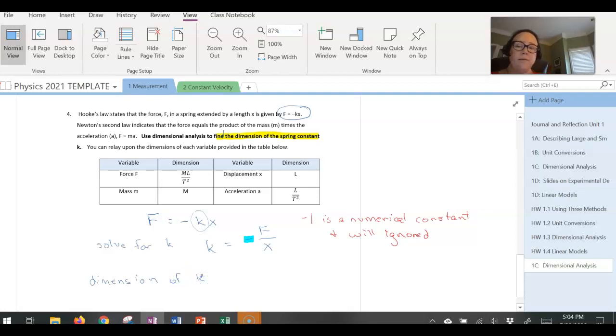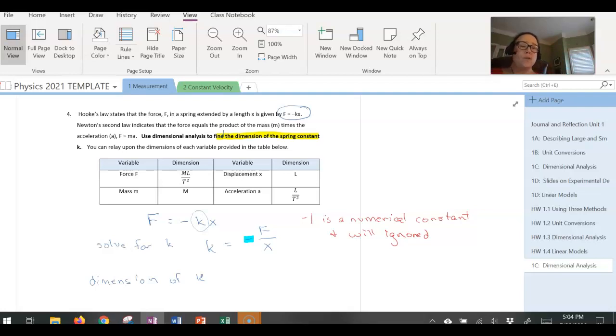This is Hooke's law. That means this is a law of physics. This is a valid equation. It's been demonstrated, and there's a lot of evidence to support it. So I'm going to trust this equation, and since it's valid, it must be the case that the dimension on the left equals the dimension on the right.